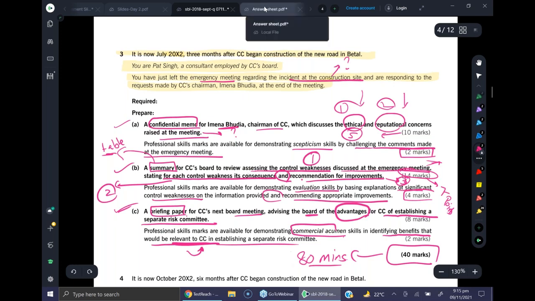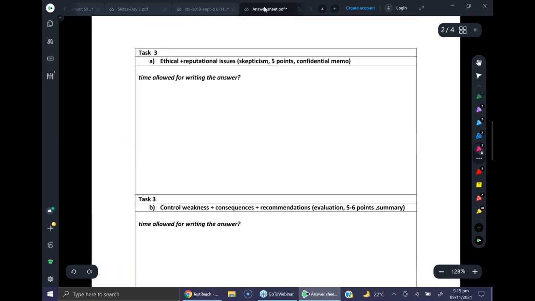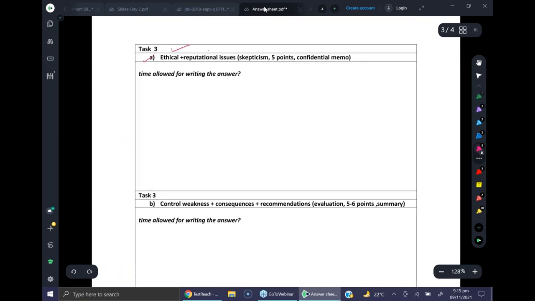So just to make a quick summary, if I have to remember my requirements. The A requirement of task 3 wants ethical and reputational issues, skepticism scale, 5 points, confidential memo. For the B requirement, control weakness, consequence, recommendations, evaluation skill is tested. 5 to 6 to 7 points need to be discussed, and for the summary, a table can be inserted.